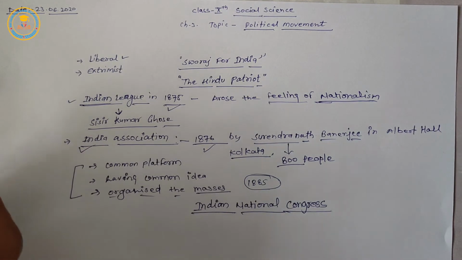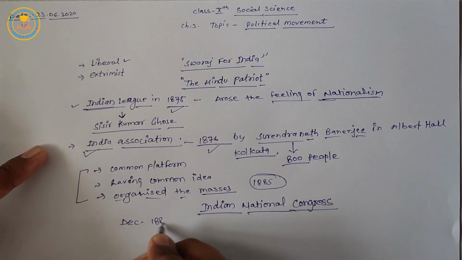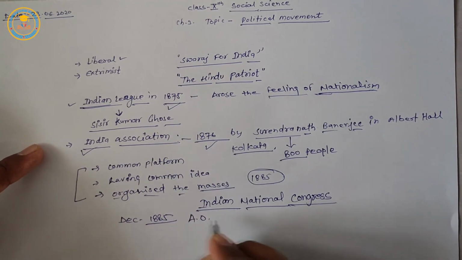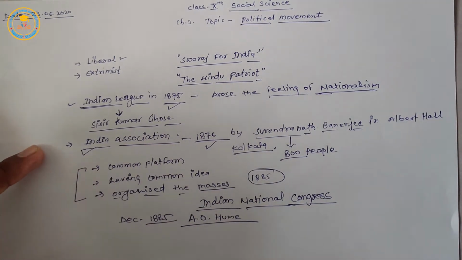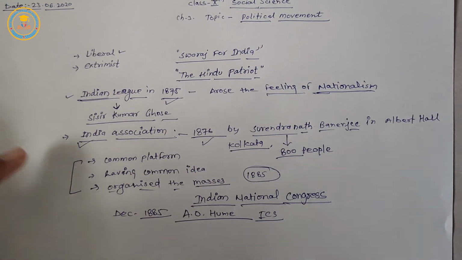It was founded in December 1885 due to the efforts of A.O. Hume, Allan Octavian Hume. A.O. Hume was a retired officer of the Indian Civil Services, which means he was a retired ICS.